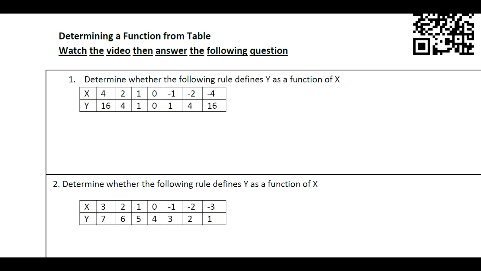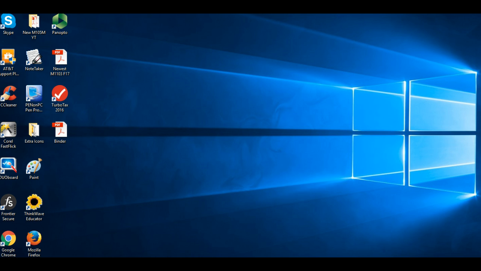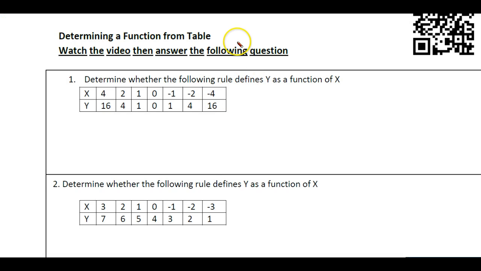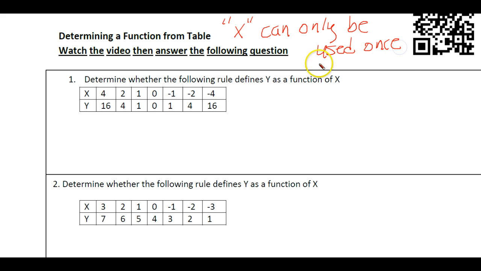Well, the answer is, in order for something to be a function, the x element of something can only be used once in a series of items.